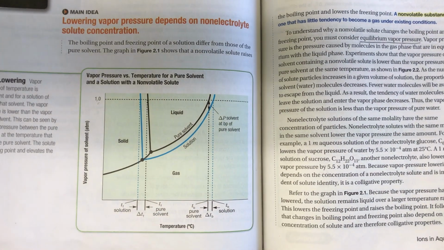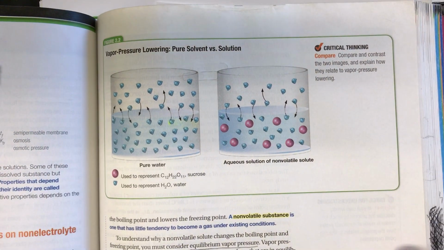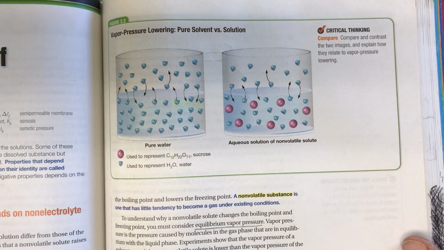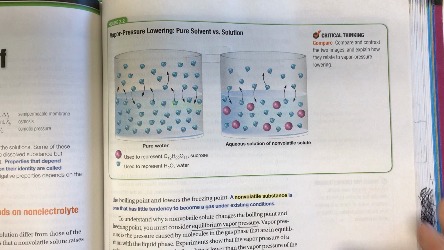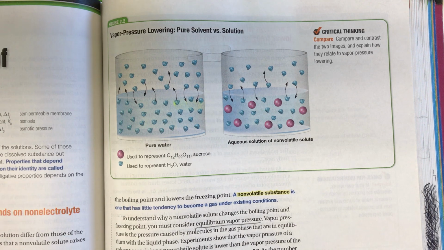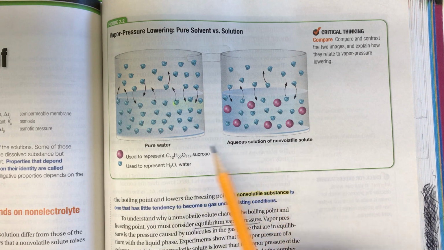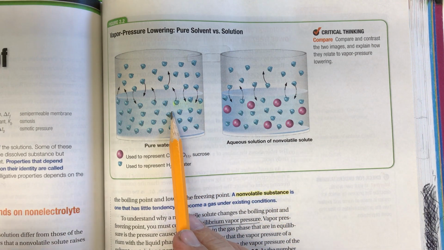Now, before we go any further on those words, we need to understand a little bit about what's called vapor pressure. And this is talking about a non-volatile substance. Volatile simply means that it wants to evaporate easily because there's very little attraction between molecules. Whereas water, there is some attraction, so it's not very volatile.